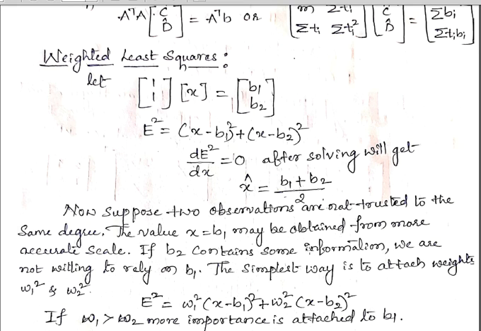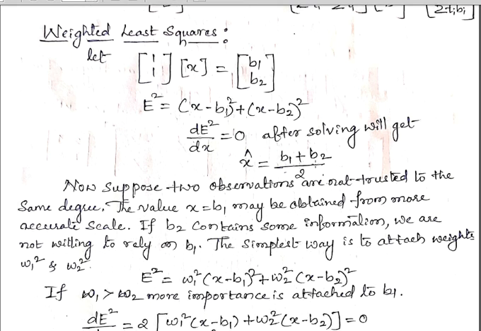Here b1 and b2, if we write it this way, have equal weightage. But if we want to rely on one and give a bit less importance to the other, or vice versa, then we can assign values, like how much percent of b1 and how much percent of b2 we are going to rely on.